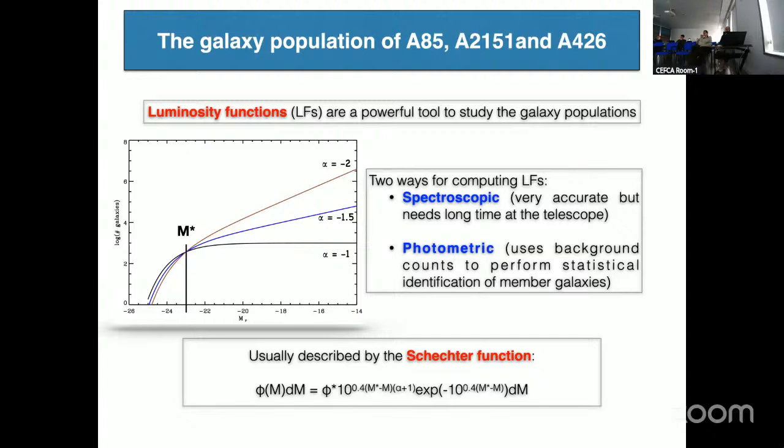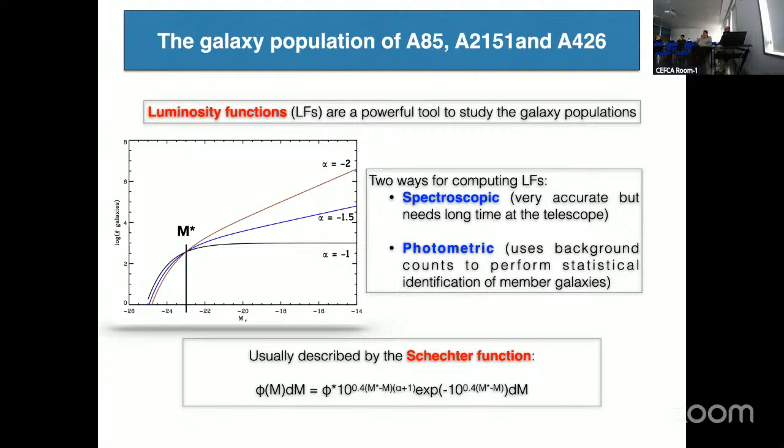Usually, the galaxy luminosity function is described by a Schechter function, which is this function here. This function has three parameters: the zero point phi star, M star, and alpha, and has 2 parts: one power-law part and one exponential part.